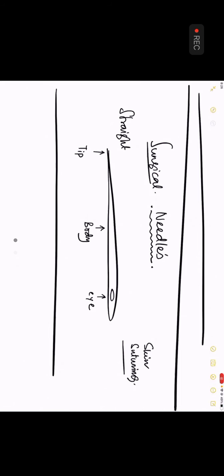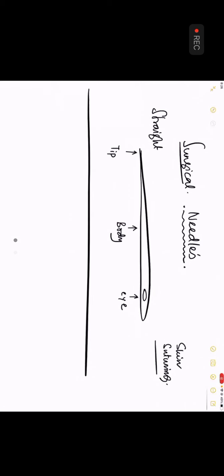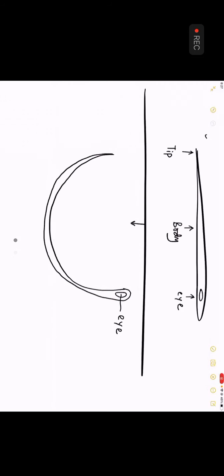Now, what happens is that we surgeons feel that it is cumbersome, so what we have done is we have made this same needle, bent it, and this one is again called the eye of the needle. This one is the curvature of the needle.